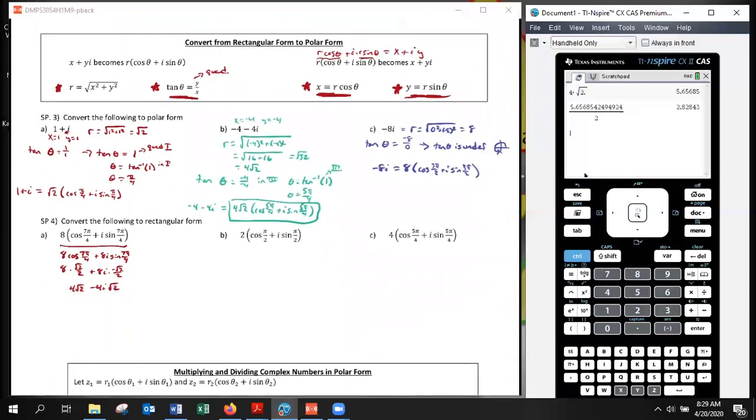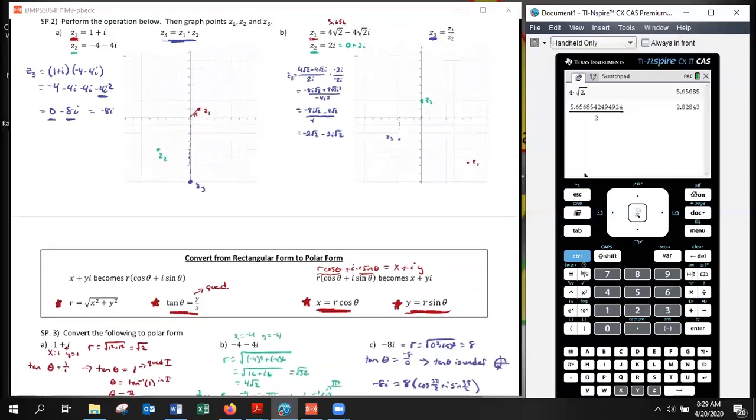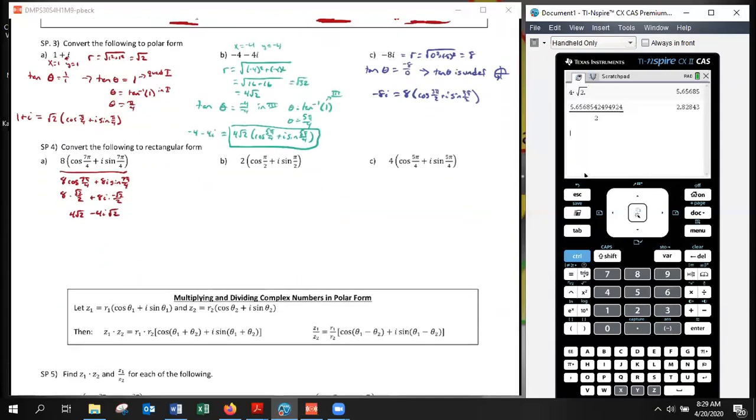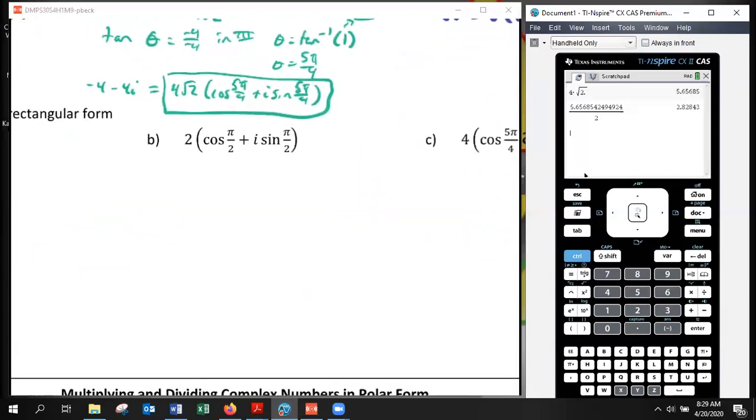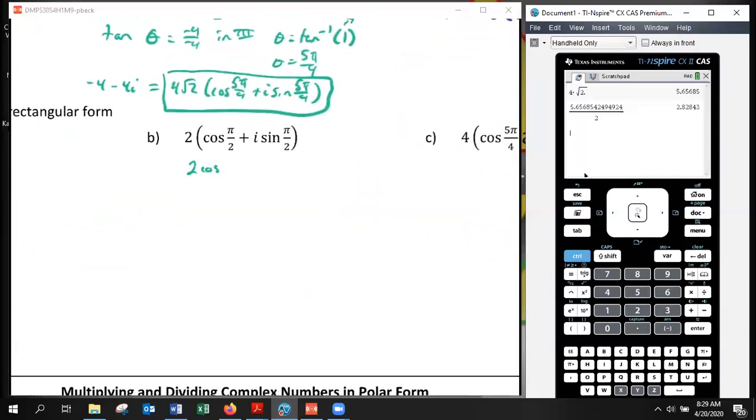Our z2, then, should end up being just positive 2i. Now, how do I know if it's going to be positive 2i? Well, let's go ahead and prove it. So 2 cosine pi over 2 plus 2i sine pi over 2. We know that the cosine of pi over 2 is 0, so that's 2 times 0, and the sine of pi over 2 is 1, plus 2i, which, once again, is 2i.